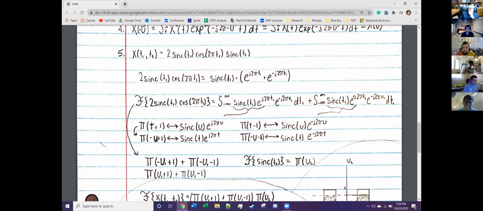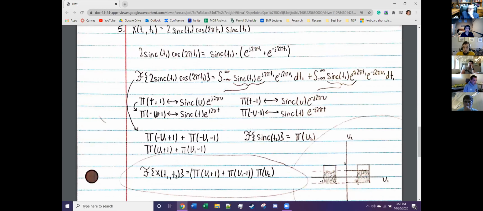If this were a function of u, I knew this would be the Fourier transform and this would be the original time function, so I just plugged in negative u because that's what the duality theorem says. So the Fourier transform of this term here is pi of negative u plus 1, and the Fourier transform of this is pi of negative u minus 1.